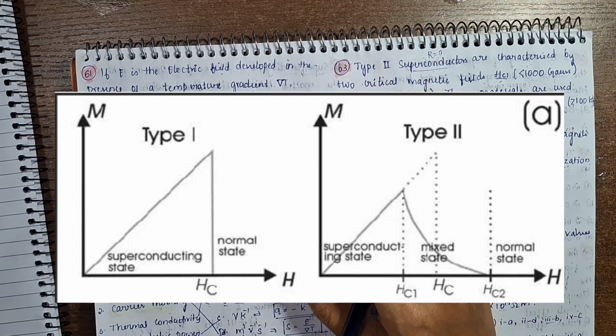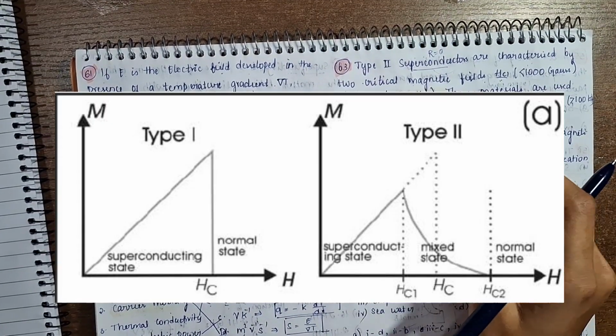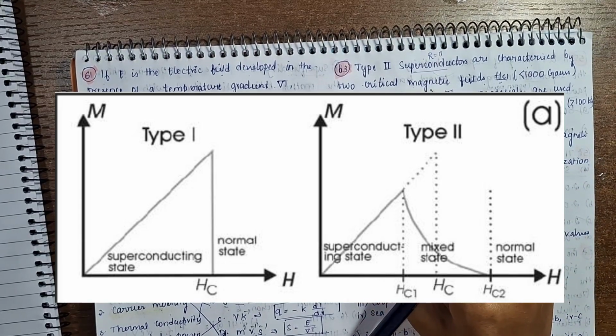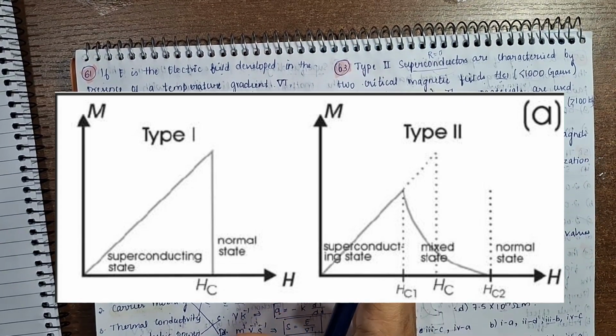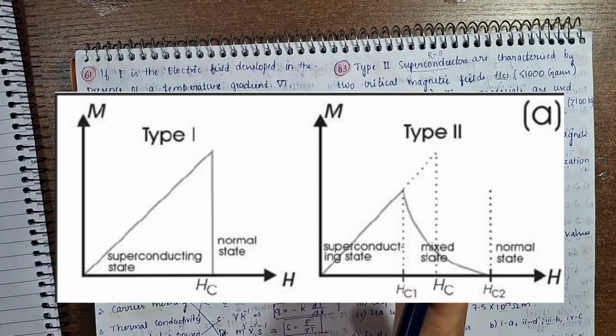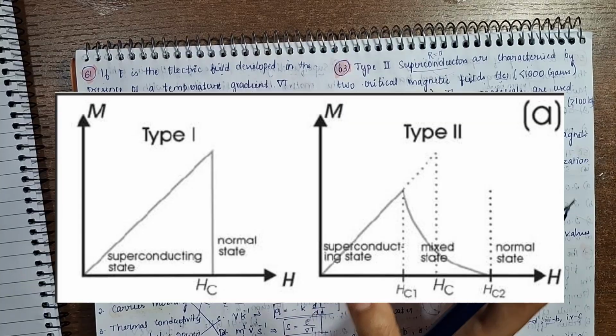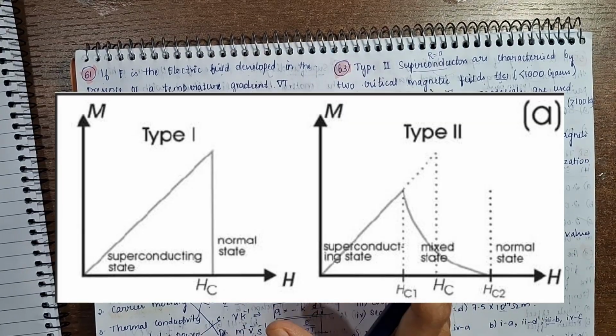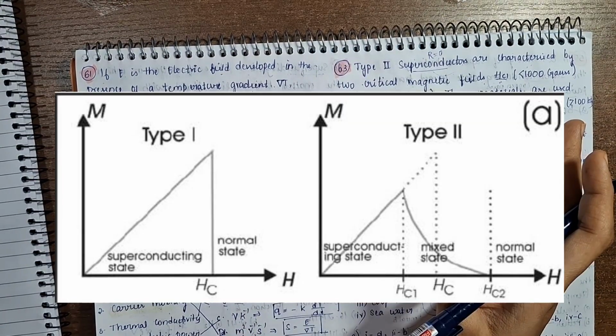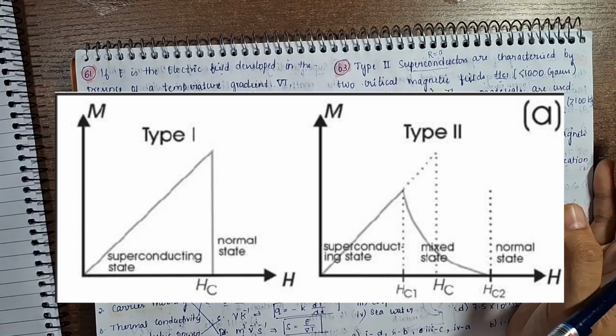It is called the mixed state. Above Hc2, the material becomes normal. Below Hc1, perfect Meissner effect or superconducting state. Between Hc1 and Hc2, mixed state, also known as vortex state. Above Hc2, the superconductor becomes normal.